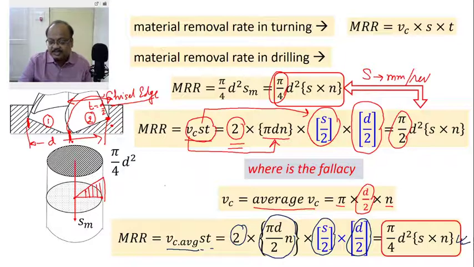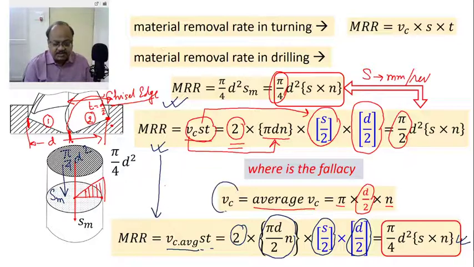As you can see now, both the expressions are the same, whether you are taking the approach of projected area being extruded in this direction at SM, where the size of the projected area is pi by 4 by d square. This is the first approach. The second approach is VCS into T. However, you have to use VC average.